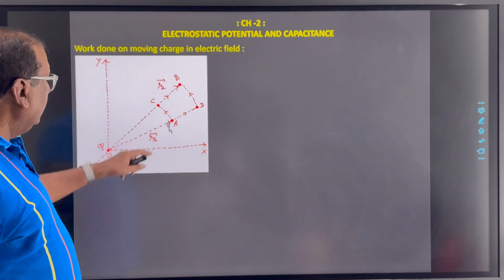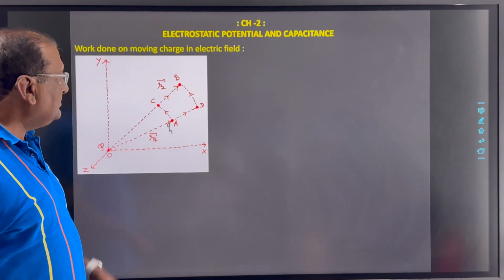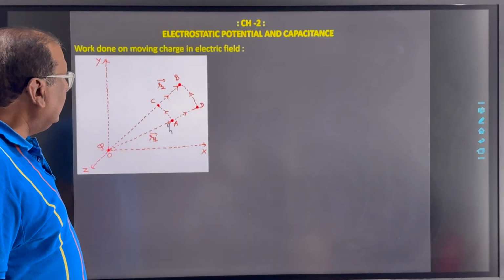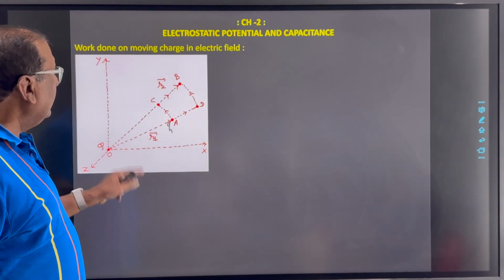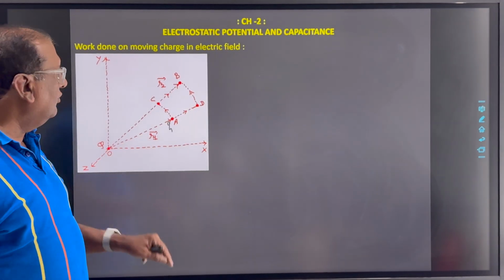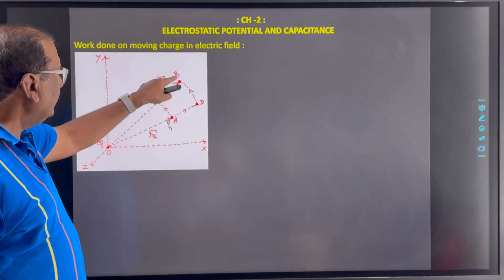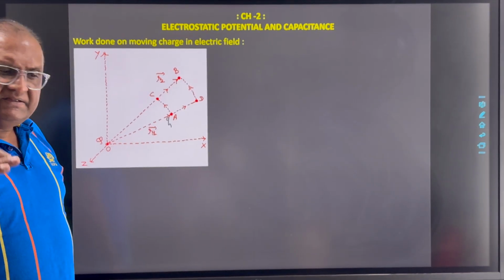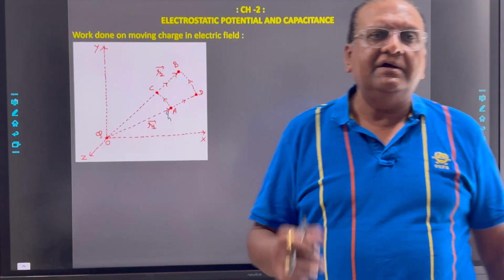Now a small q charge is placed at point A in the Cartesian coordinate system, and now suppose we want to move that particular charge q from A to point B, and in this particular process we will calculate the total work done.